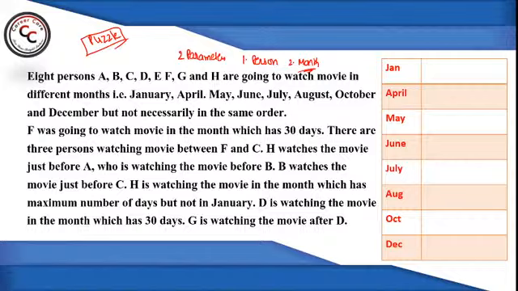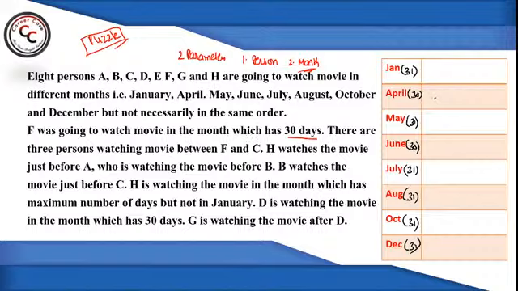F was going to watch a movie in a month which has 30 days. So we know that January is a month consisting of 31 days, April 30, May 31, June 30, July 31, August 31, and December 31. Now F is going to watch a movie in a month which has 30 days.